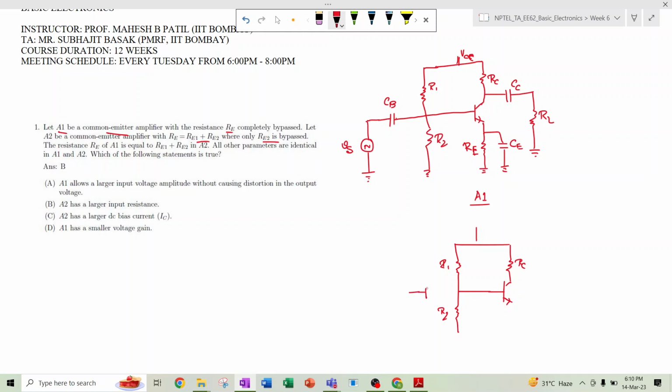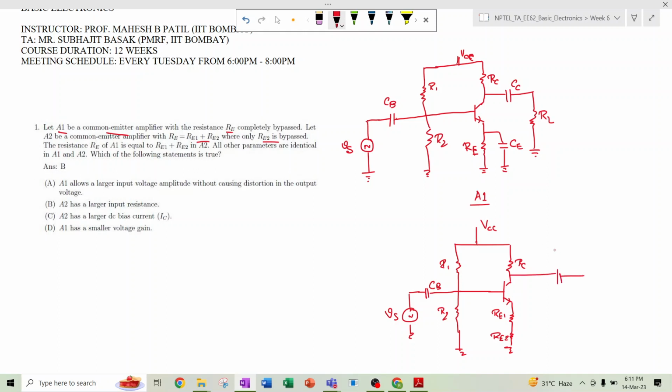The rest of the configuration is similar to the configuration of A1. CB, and here we apply a small signal which is nothing but Vs, and here the emitter resistance consists of two resistances, which are RE1 and RE2. And here VCC is applied.